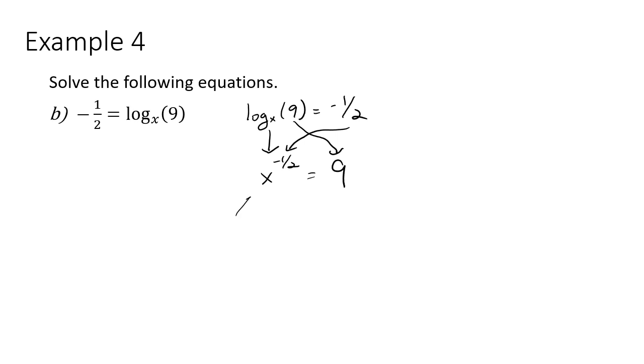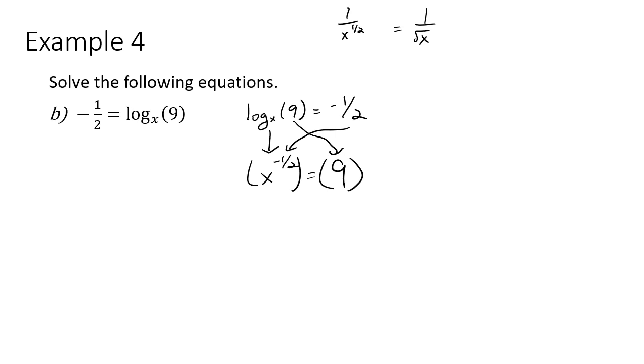So you have multiple choices as to how you work this problem now. You could turn that x into a 1 over x to the 1/2, and then think of that as 1 over square root of x and solve from there. I'm going to treat this like an equation with rational exponents, which we looked at back in section 1.6. I'm going to raise both sides to the reciprocal power.